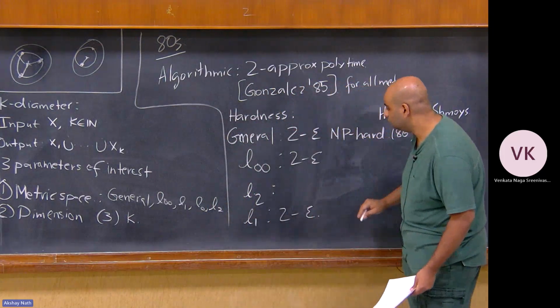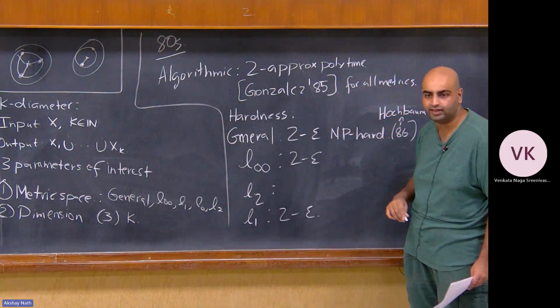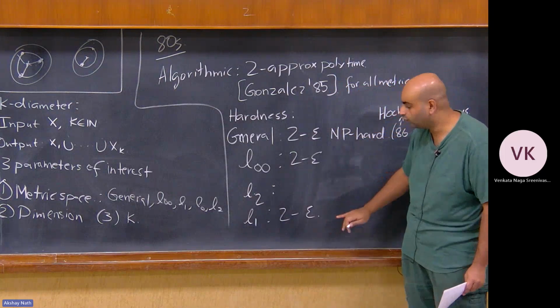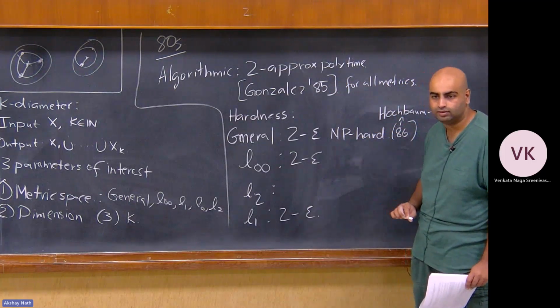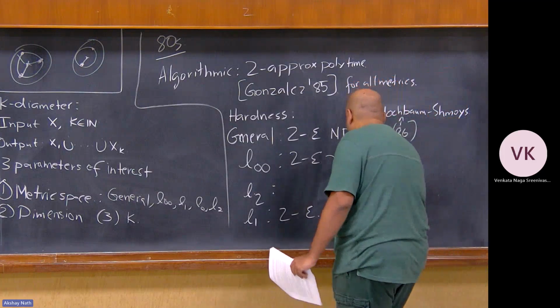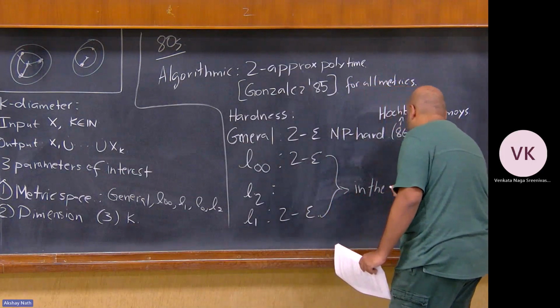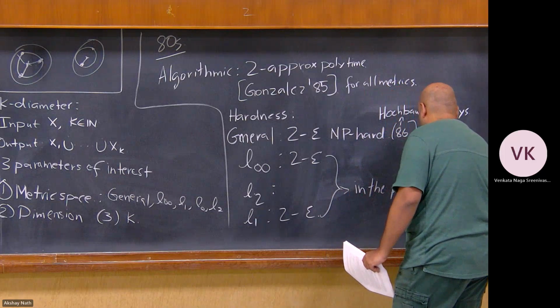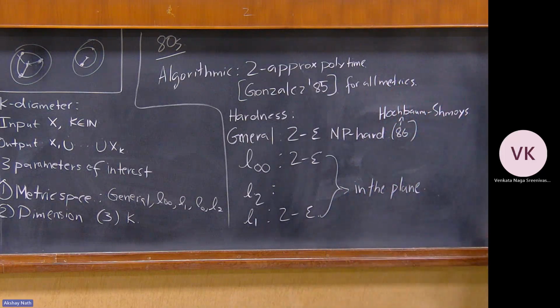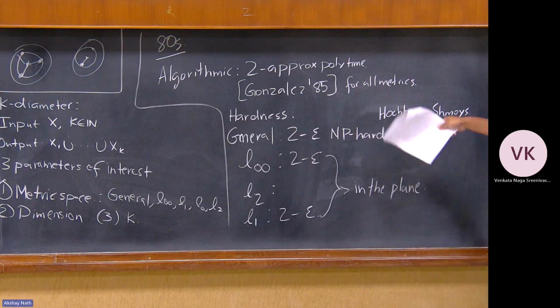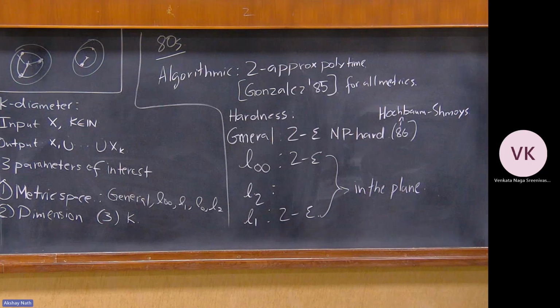Using some slightly more non-trivial techniques, we can get 2 minus epsilon for L1 and L infinity as well. And this is moreover true in the plane. When the dimension is 1, the problem is in P. So 2 is the most natural place to look for something non-trivial, and it's NP-hard to approximate better than 2.